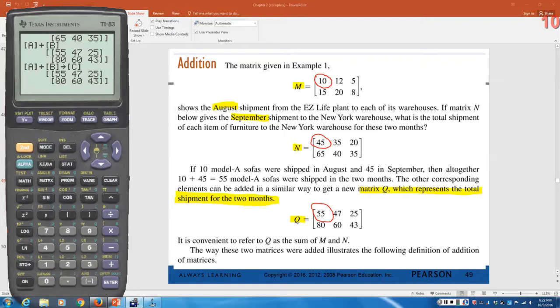We don't want to overwrite A or B. We don't want to use it to store over top of the ones that we're using. So now if you go back and you look on your matrix key, you'll see that you also have a matrix C, which is 2 by 3, and it happens to be the sum of matrix A and B. So if for some reason you wanted to hang on to that sum, you don't have to just see it on your calculator screen and copy it down. You can hang on to it and use it for something else.